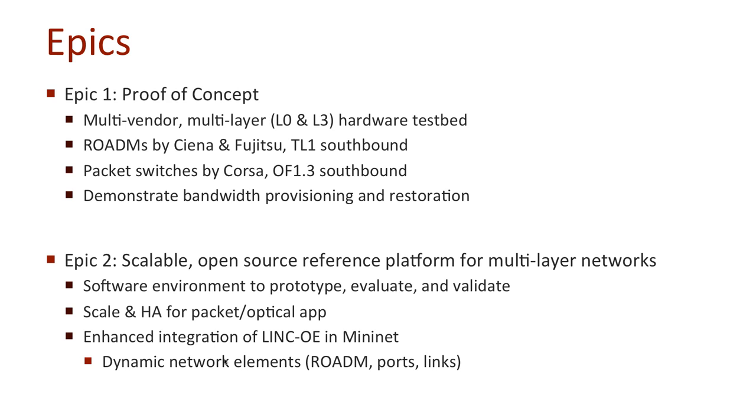We reached out to a couple of vendors, and we have a soft confirmation for now from Ciena and Fujitsu to provide the layer 0 equipment, as well as a confirmation from Corsa to provide us with packet switching, so we can build a multi-layer network.